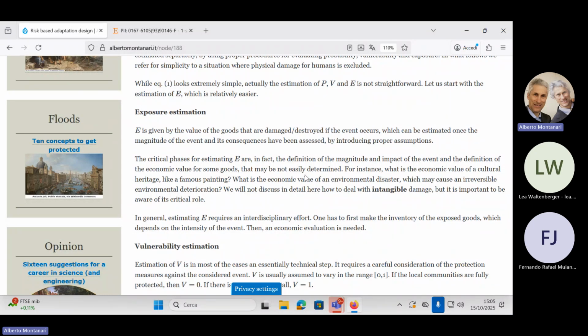This is a recognized problem. So a famous painting is a big problem for Florence, for instance. And if you get an earthquake and some paintings are lost, or some historical buildings collapse, what is the value of an historical building? It's difficult. It's very difficult, because also cultural heritage is intangible in some of the cases. You cannot really quantify it.